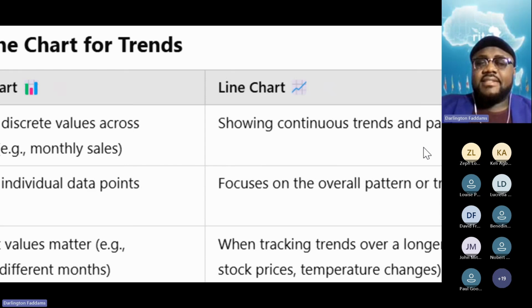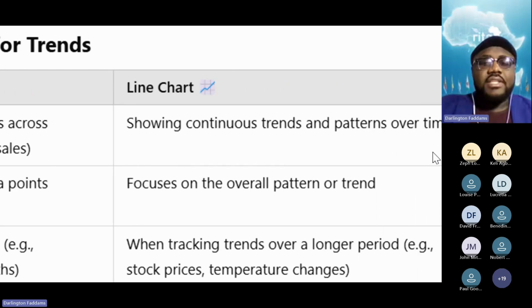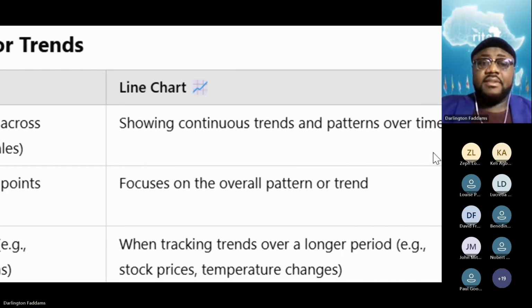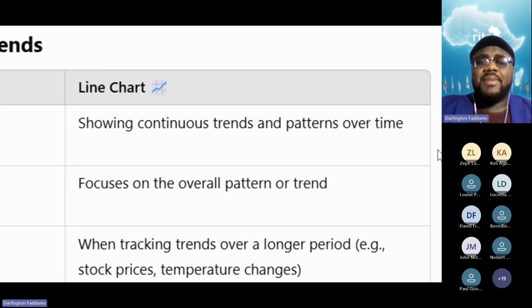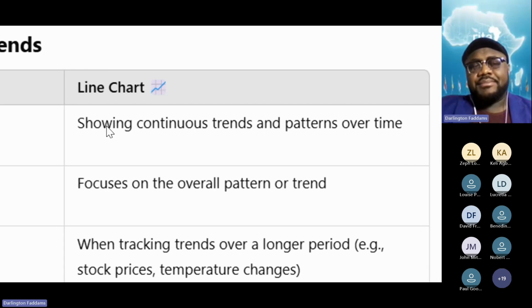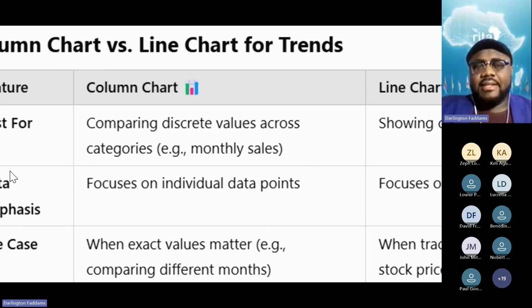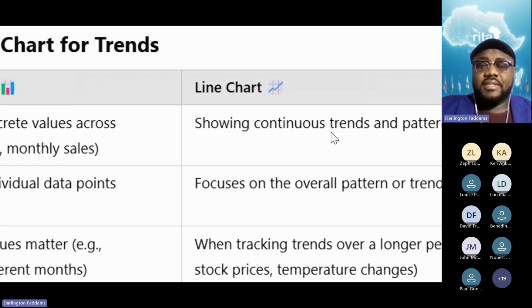The line charts are best for continuous data and for continuous trends and patterns over time. If you don't understand it yet, we will understand it. We need to understand discrete values or discrete data and continuous data, but that is for another time.